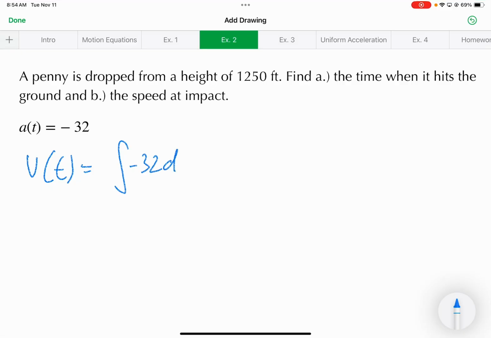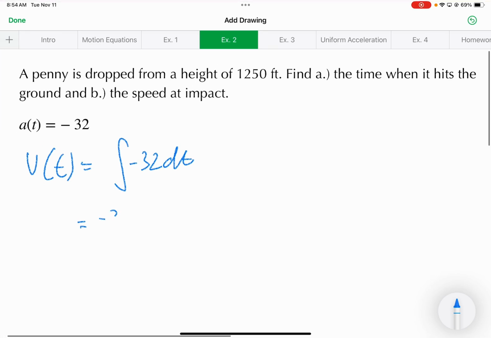Negative 32 dt. Hey, that's not bad though. Negative 32 t plus c equals v of t. The only information they gave us was that the penny is dropped. That's important. From a height of 1250.